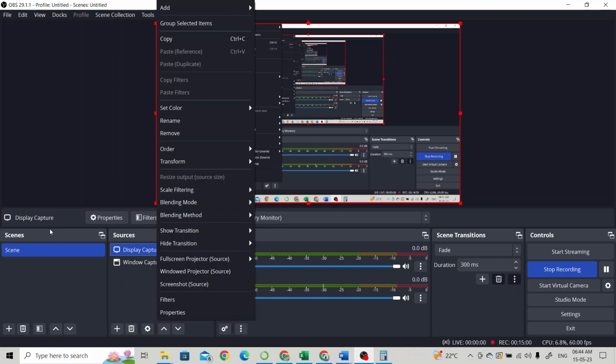I'm just doing some adjustment here so that I can show you the calculator part of it.